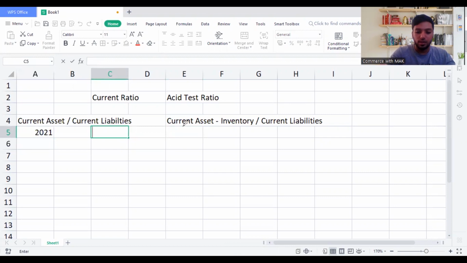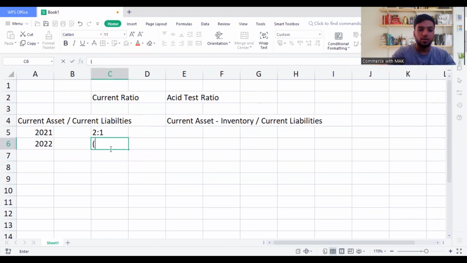So how do you present current ratio? 2 is to 1. Here I'm going to take, I'm sorry guys, 2 is to 1, then we have 2022 we can calculate.